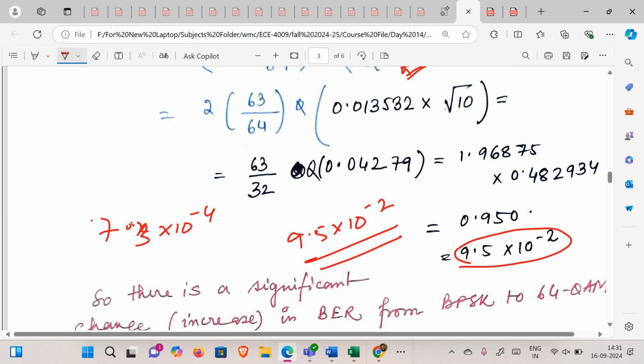So the logic is that as we go on with higher order modulation, which is required to provide the necessary data rate to the end user, we get a scenario where even with a wired connection, we will have a significant jump in the bit error rate value. That is what we are establishing. In wired itself, it is increasing that much. So what will happen in the non-wired, or wireless, scenario? That is our intention.